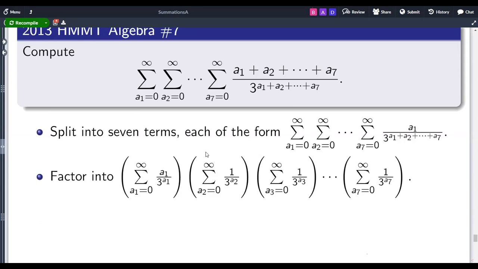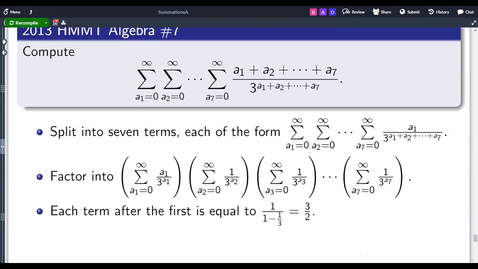And yeah, I also saw someone mention that six of the summations are equal, so they're all just equal to the same geometric series that evaluates to 3/2, right? So that's nice. And now we're just left with the first one. The answer is not that nice, but the algebra is fine.